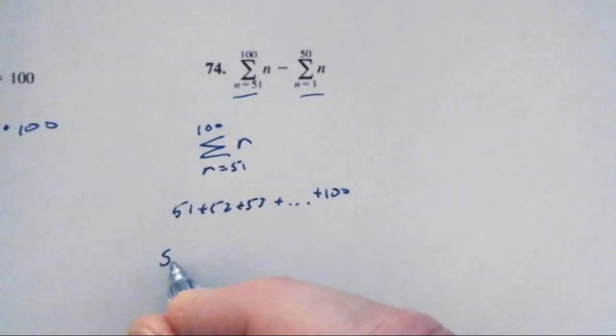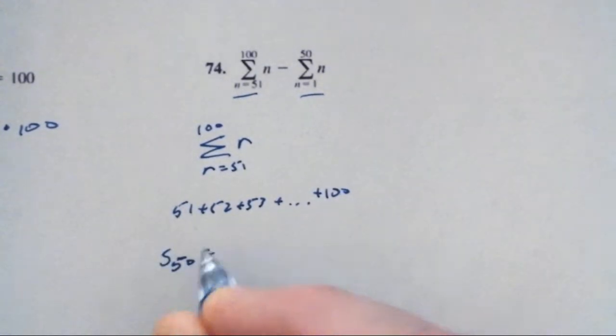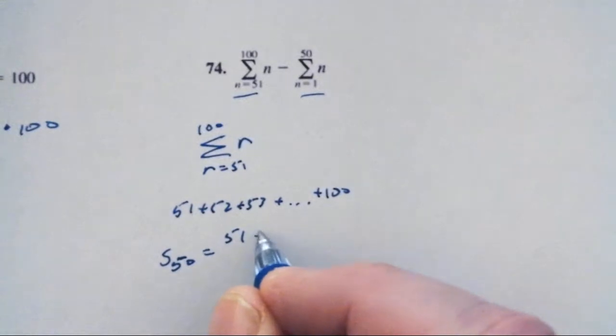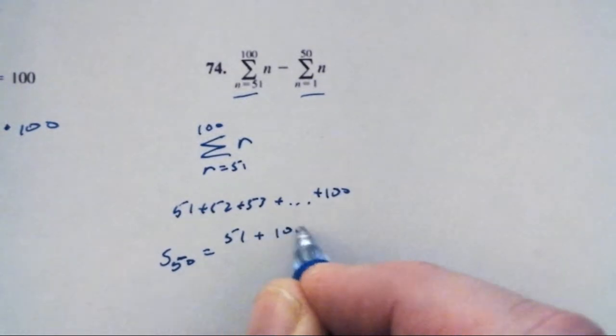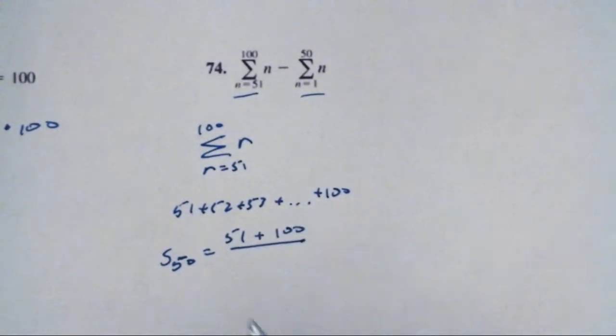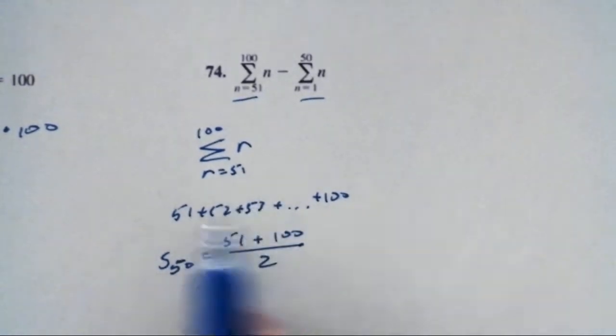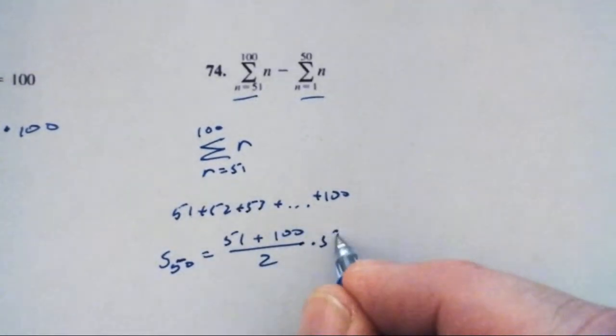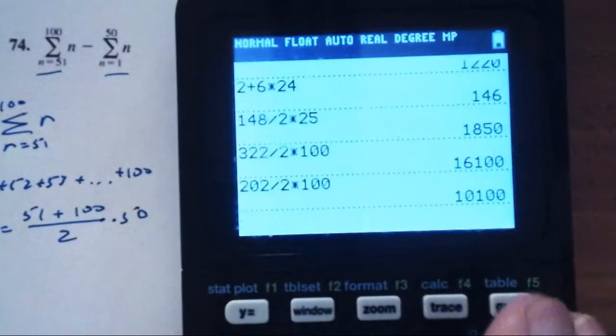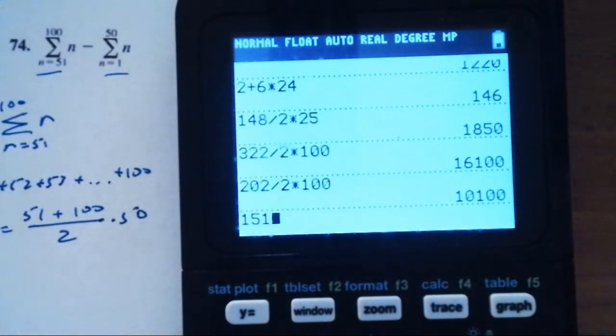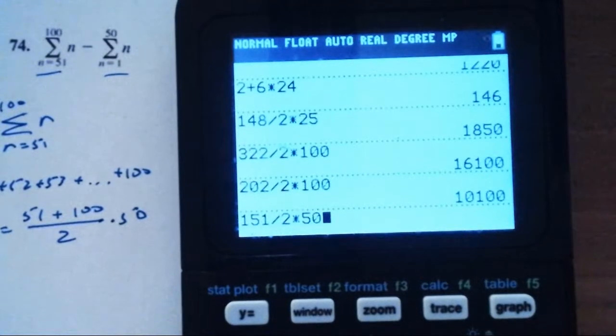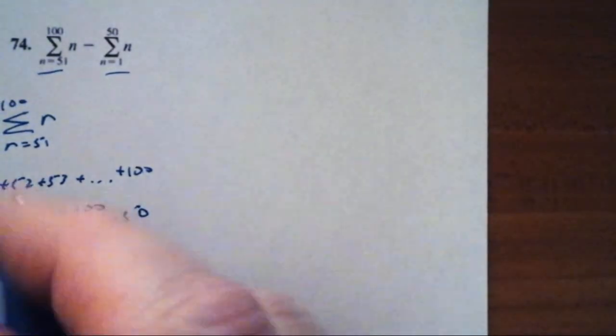So that's S50 here: first term 51 plus last term 100 over 2, there's our average of that list, times the 50. 151 divided by 2 times 50, 3775.